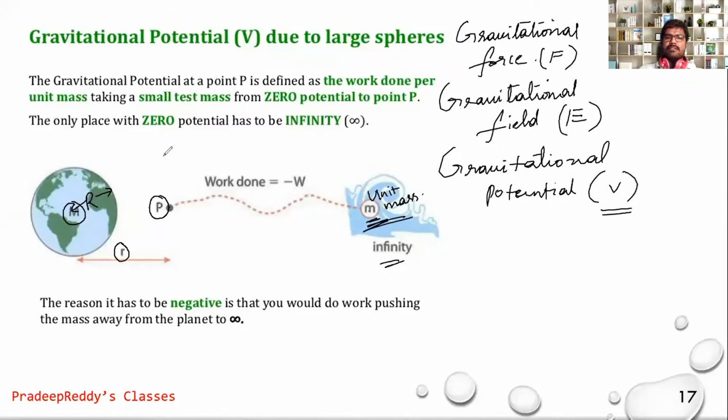Right? So if you are leaving this mass here, as earth mass is greater, there will be a gravitational force acting towards the center of the earth. Therefore, this small m mass will be pulled towards the center of the earth.